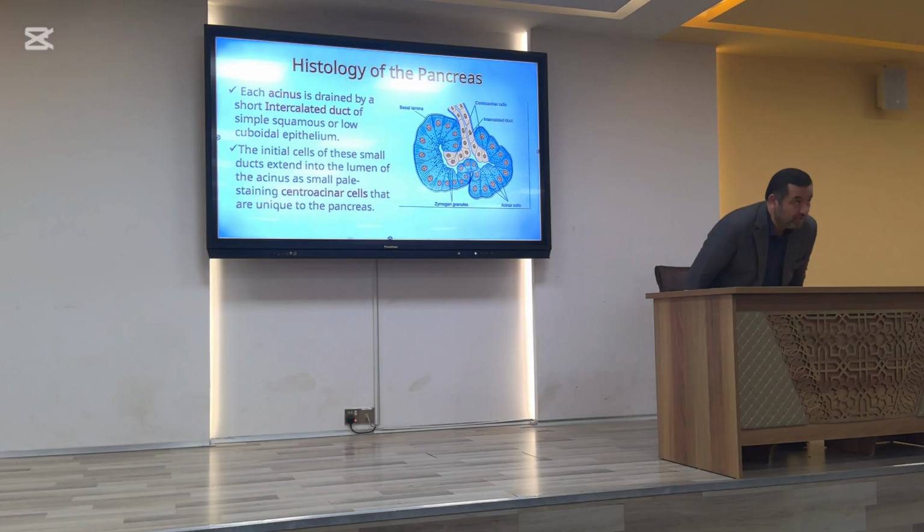If I ask you, what is the difference between parotid gland serous acini and serous acini of the pancreas, you answer me, there are two differences. Myoepithelial cells: in the pancreas, serous acini don't have myoepithelial cells.